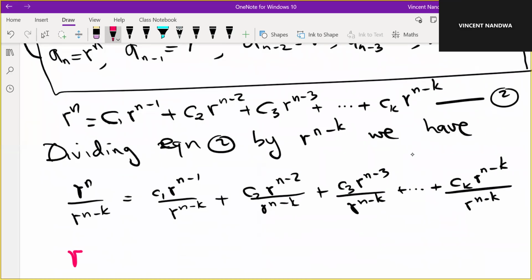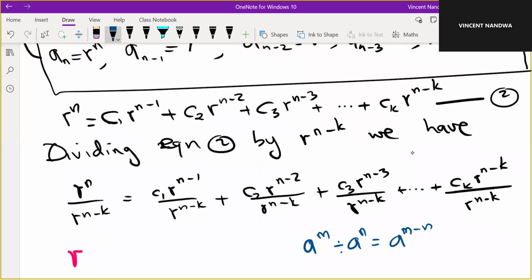So when you simplify, just check. Use laws of indices. If you remember from your Form 2 work, if I have a power m divided by a power n, then I have a power m minus n.